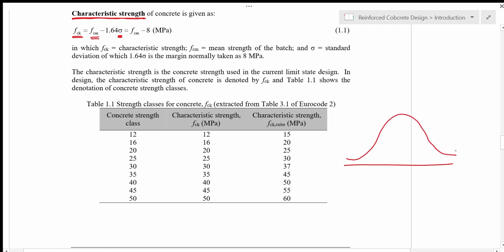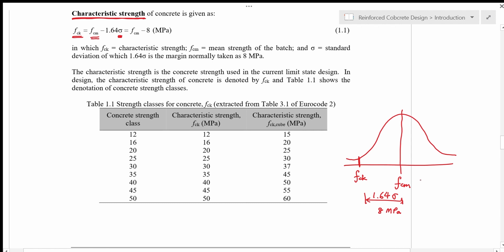This characteristic strength is derived from statistics. Normally if we test a series of concrete strengths, we get the mean strength FCM, and the characteristic strength FCK is somewhere here, at 1.64 times standard deviation, or in this case, we just set it as 8 megapascal.